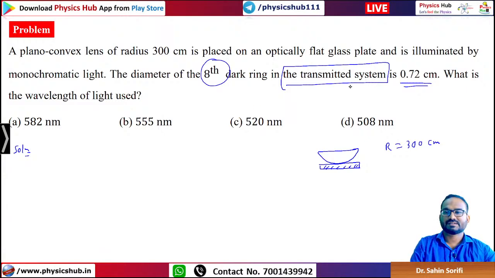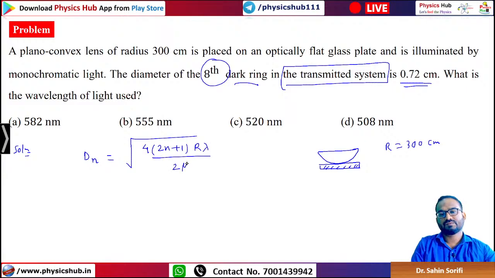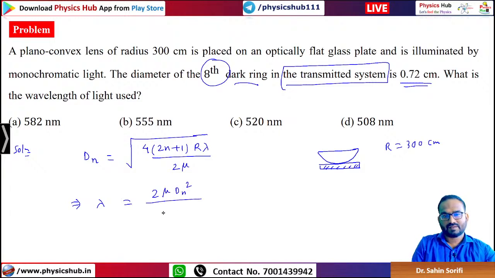So for the transmitted system, the dark ring condition will be the condition of the bright ring in the reflected system. So for the bright ring in the reflected system, that was the formula dn square equals 4 into 2n plus 1 times r lambda by 2 mu. This was the formula for the bright ring in the reflected system, but it is the transmitted system, so this will become the condition of the dark ring. So from this expression you get lambda is equal to twice mu dn square divided by 4 into 2n plus 1 times r.